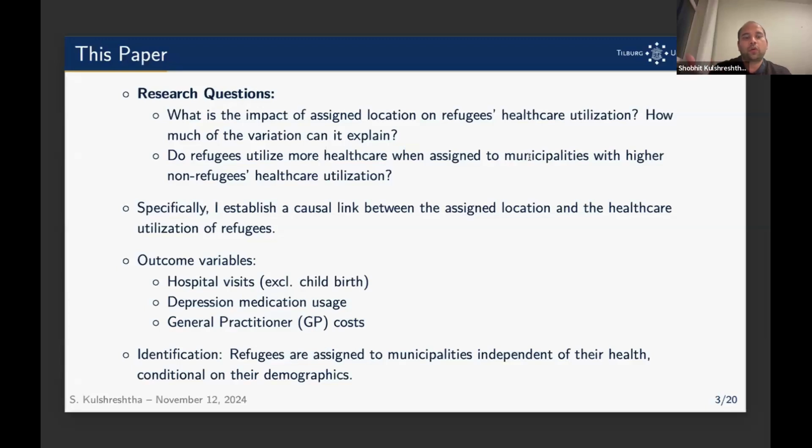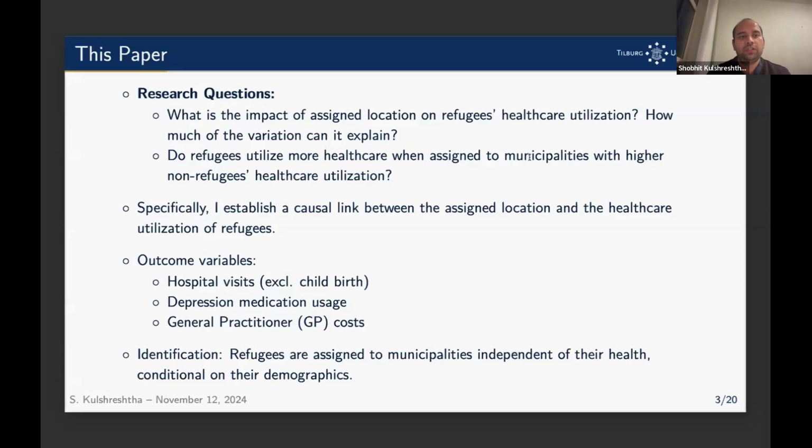The first point of contact in most developed countries is primary healthcare, and only if they get referred by these primary healthcare providers do they visit the hospital. So that's why I'm focusing on just the primary healthcare provision.